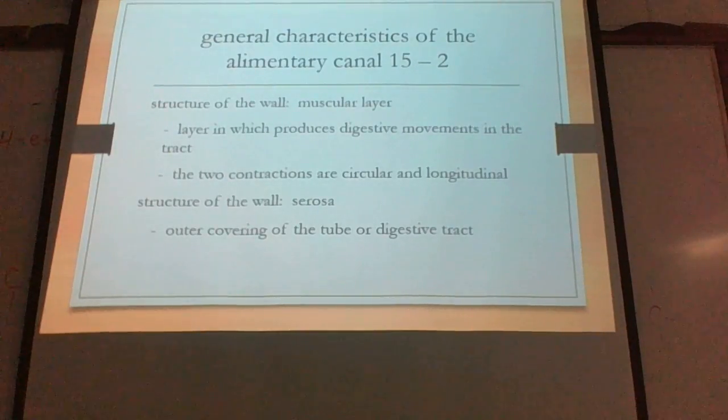So when we look at the different layers, okay, 2 different types of contractions, as you can see.